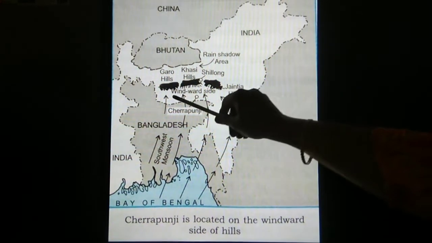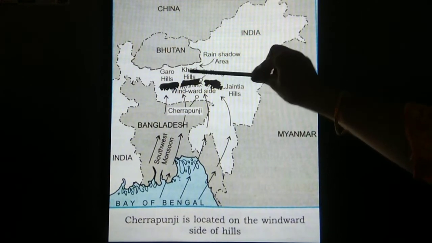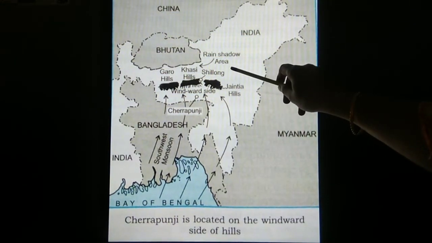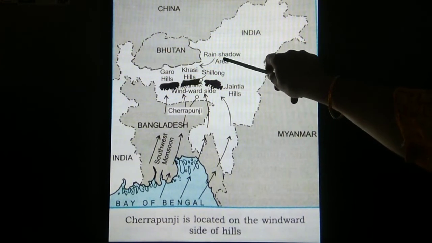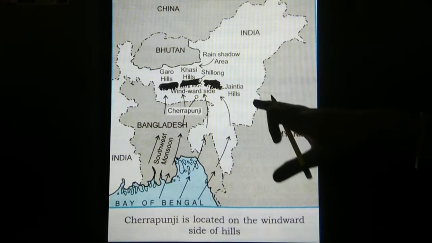Because these hills are also in the way of the southwest monsoon, and the northern part of it is a rain shadow area, and that's the reason it gets less rain. But here they get heavy rain. Cherrapunji, Mawsynram, and others fall on the southern side of the southern hills of Assam. Clear?